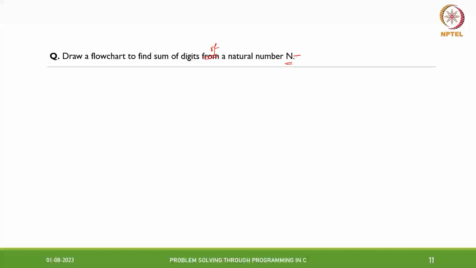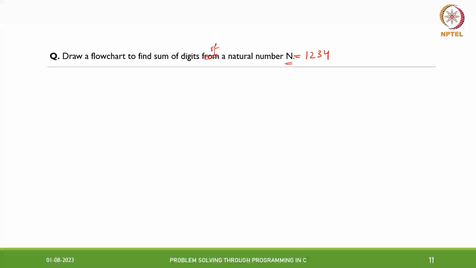Let me say it's 1, 2, 3, 4. Now we need to draw a flowchart to find the sum of the digits of this particular natural number.